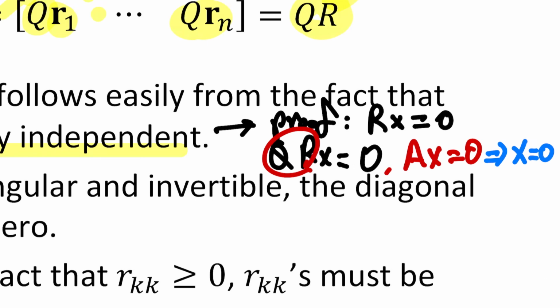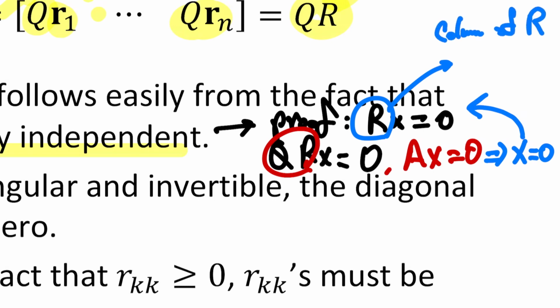In other words, Rx equal to 0 has only the trivial solution, so the columns of the matrix R are linearly independent, and the matrix R is a square matrix.